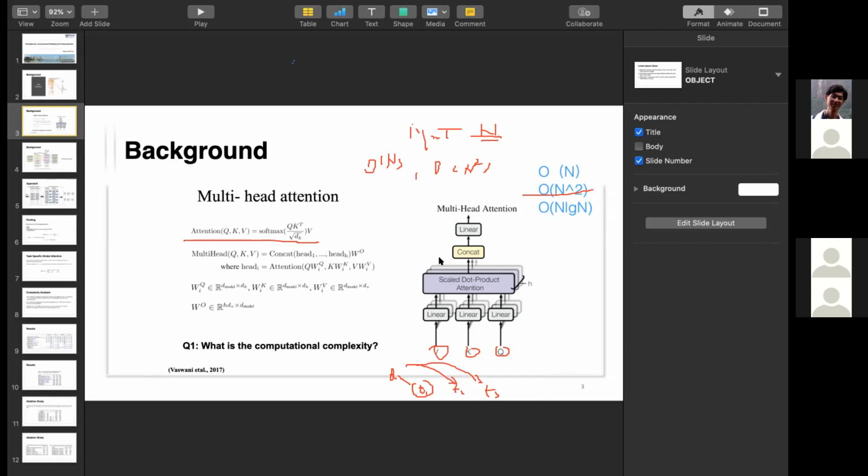Yeah, correct. Can I ask why there's no D inside the complexity? Because D is a constant, the dimension. Do you mean this D? But the matrices, like Q, K, V, they all have D. Yeah, they will have D, but D is constant.